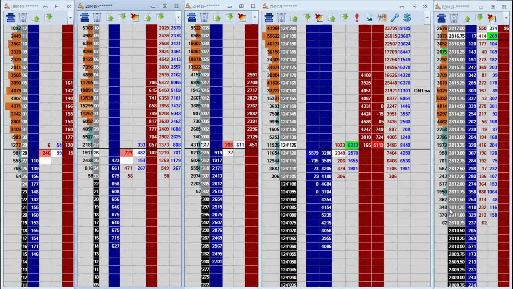Yeah, just noticed this decent little volume node here in the ES. The same principles apply across all products. This could be indicative of something. Sellers were coming down and buyers basically stepped in and said, not anymore, we're taking this back up, and that's kind of what happened.